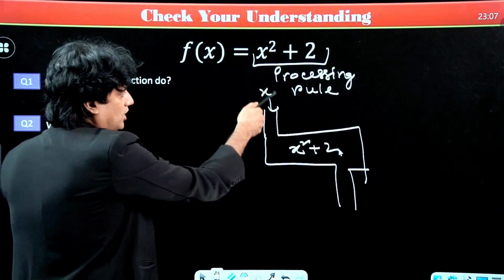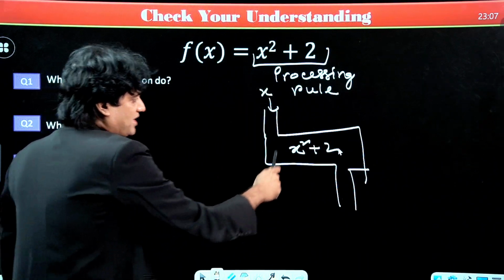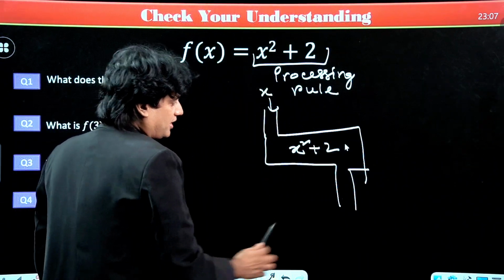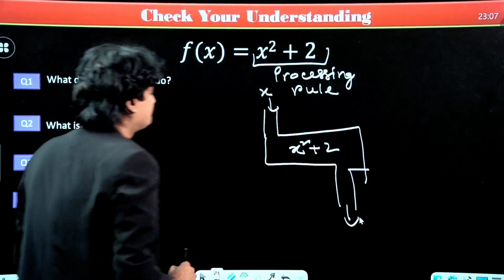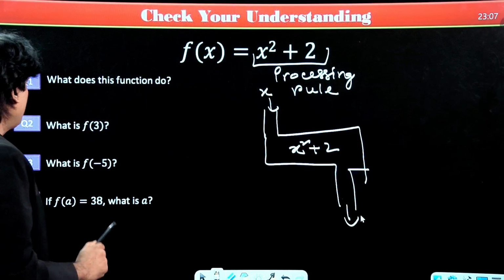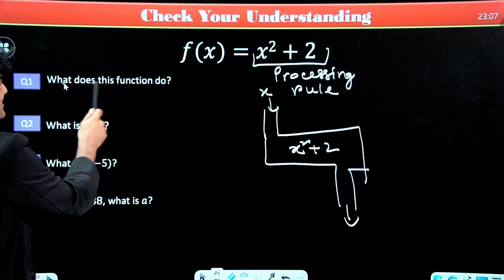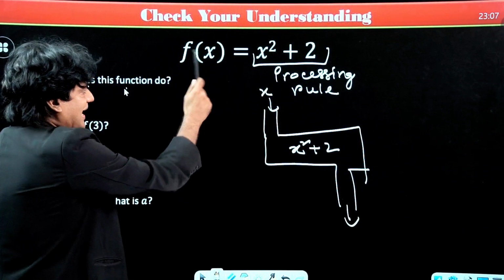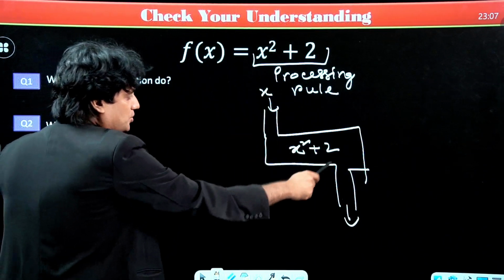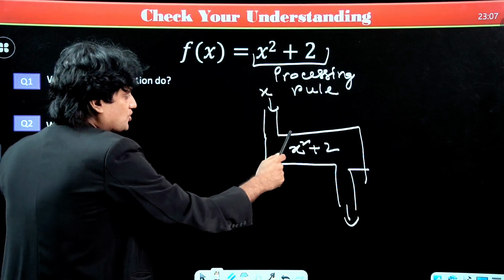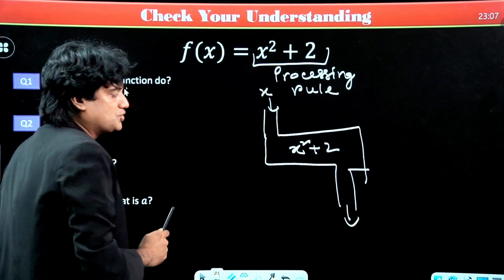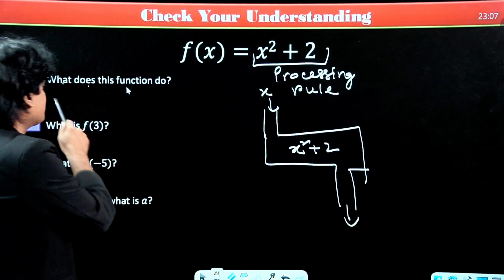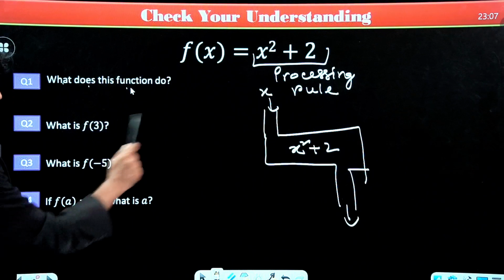That is, whatever you give as input, the machine will square it and then add a 2 to generate output. So now think, what does this function do? If x is given as input, the machine will square this input and then add a 2 to create the output. This is the function of this machine.